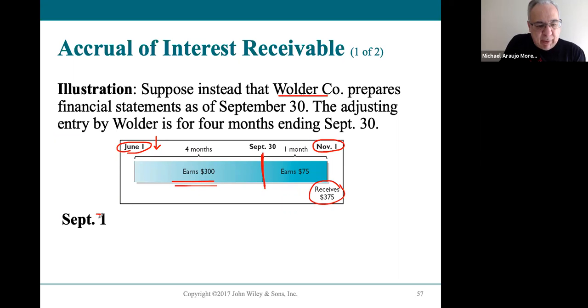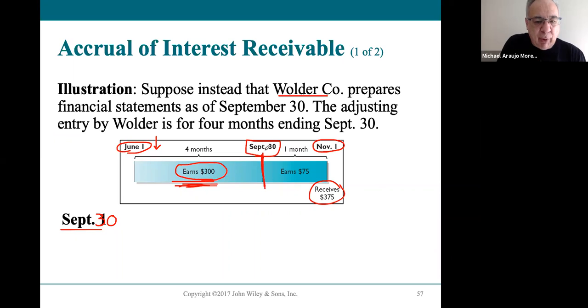So remember, we go back to chapter 4, we have to do an adjusting entry for this interest. They put the wrong date here, so that's why I'm fixing it. So on September the 30th, which is the day they're closing their fiscal year, they have to recognize this $300 has been earned. This is income. This is revenue.